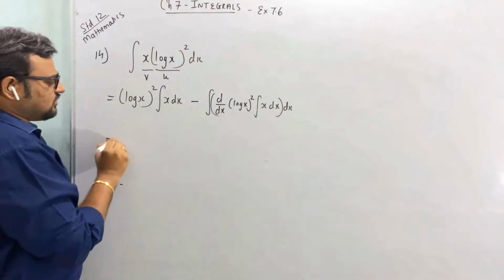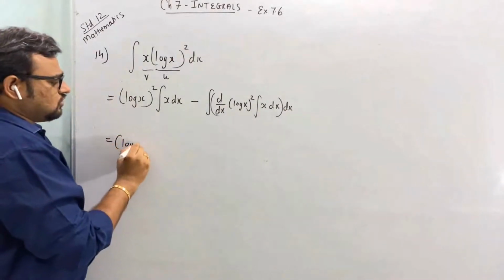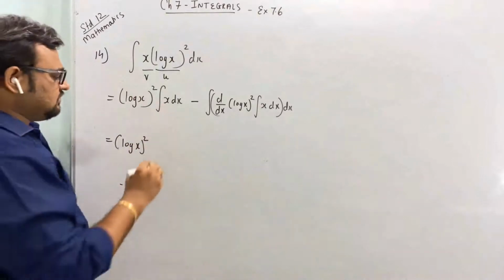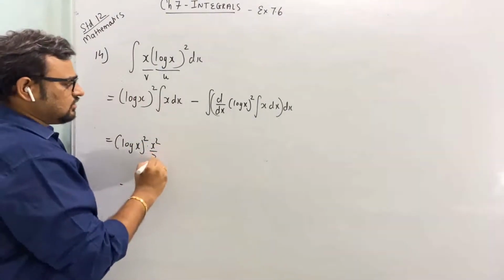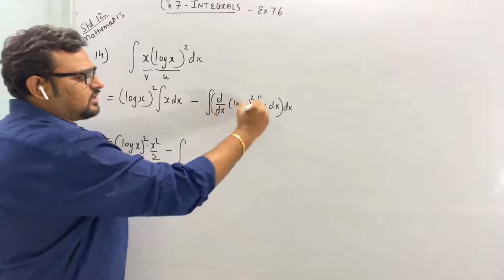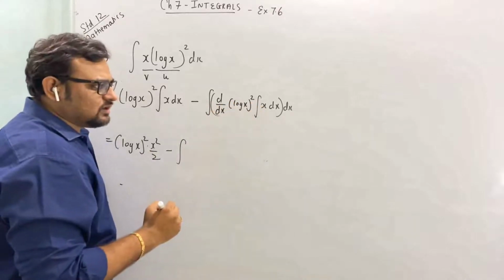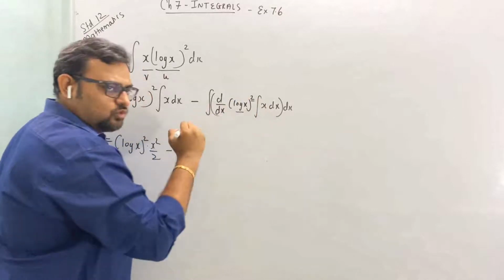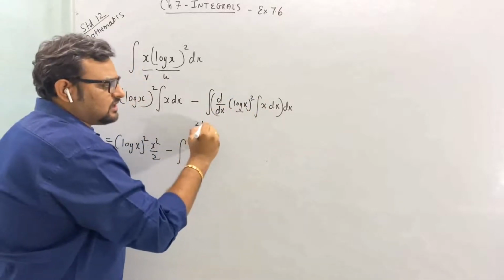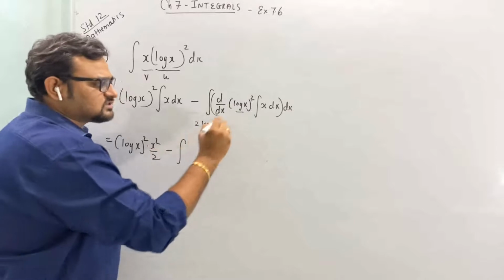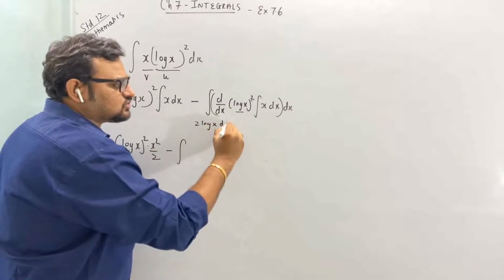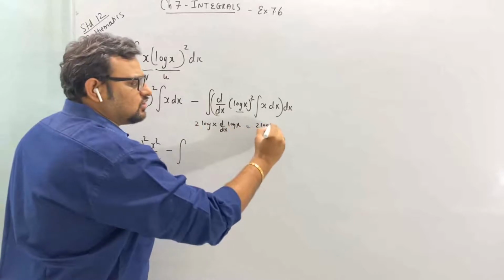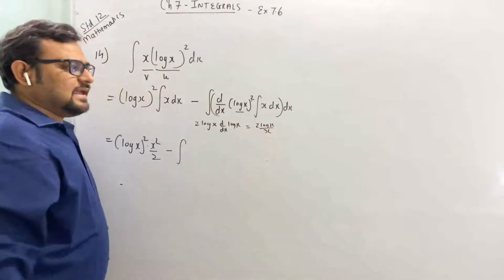So this will be equal to log x whole square, integration of x is x square by 2 minus, now d by dx of log x whole square. Okay, so what is the derivative of log x whole square? So square will be 2 log x into d by dx of log x. So this will be 2 log x by x.